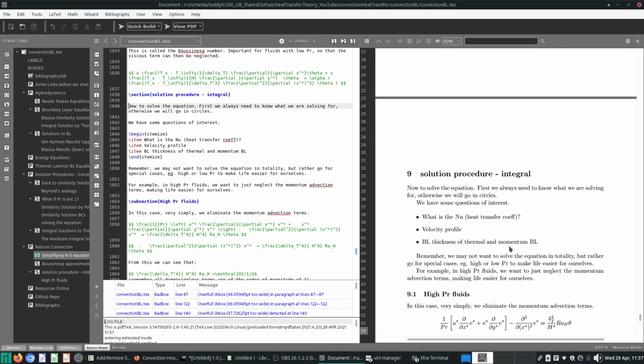We are most interested in the heat transfer coefficient, so we want to find some expression for the Nusselt number. We also want to know roughly what the velocity profile is like. And last but not least, we want to roughly know the ratio of the boundary layer thicknesses between the thermal and momentum boundary layer.